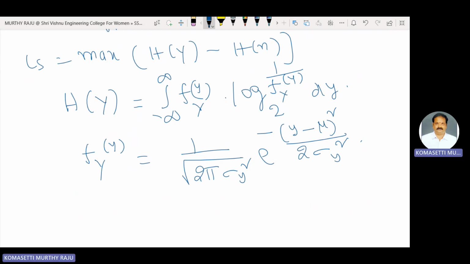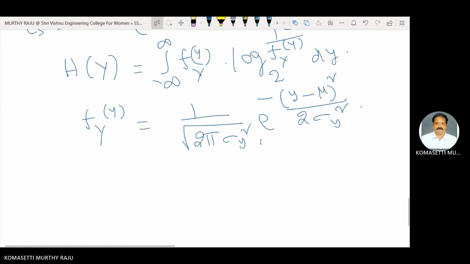This is the probability density function of the channel output f of y.